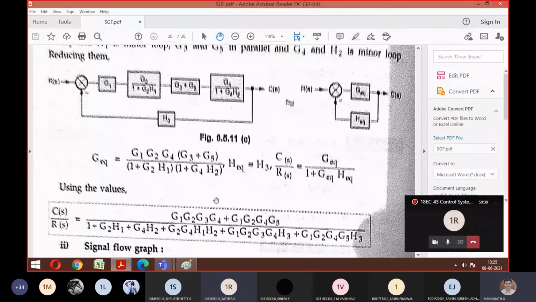G1 G2 G3 G4 plus G1 G2 G4 G5, whole divided by 1 plus G2 H1 plus G4 G2 H2 plus G2 G4 H1 H2. Is it the same answer everyone got? Others also? Just substitute the things in the block reduction technique and tell me the answer. So is this your first answer?